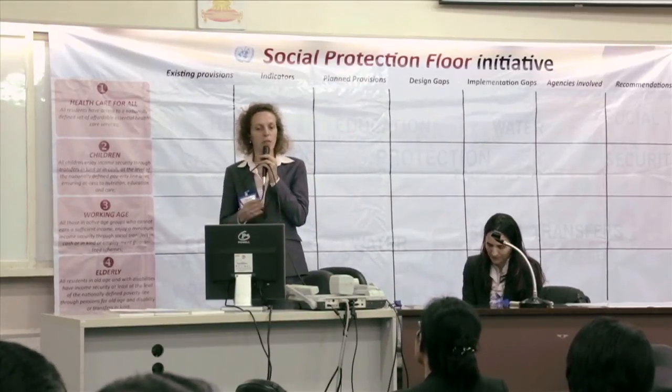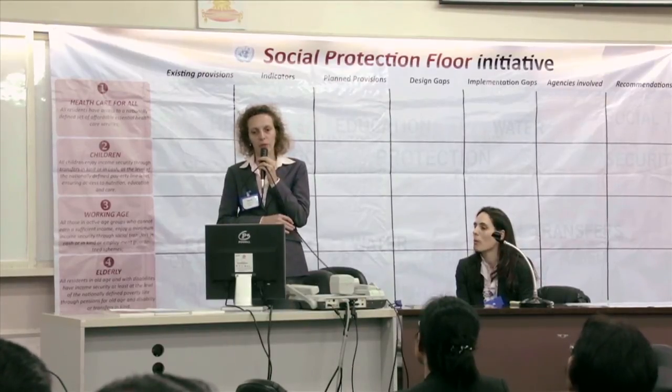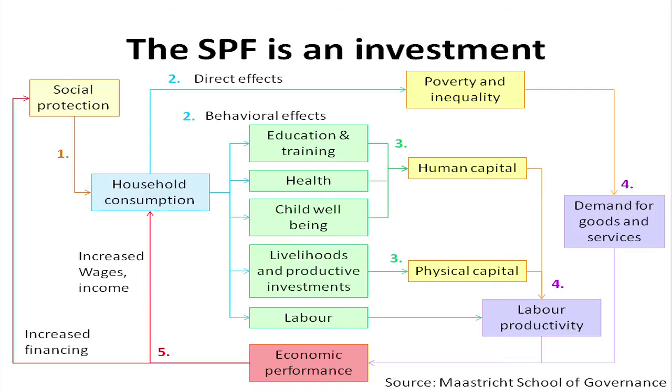But actually, the situation is a bit more complex than that. First, social protection, by providing, for instance, transfers, we talked about social transfers that can be in cash or in kind, contributes to increase the consumption of the household.